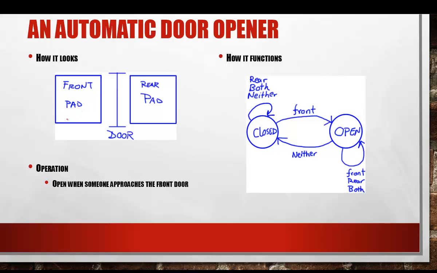So it could sense 0 and 1, the presence or lack of presence of anyone at the front door, and the same with the rear door. You have either a person or an object at the rear pad, or you don't. As a byproduct, this machine will be able to process 4 different signals, 4 different inputs. So the inputs of my machine are 4 things.